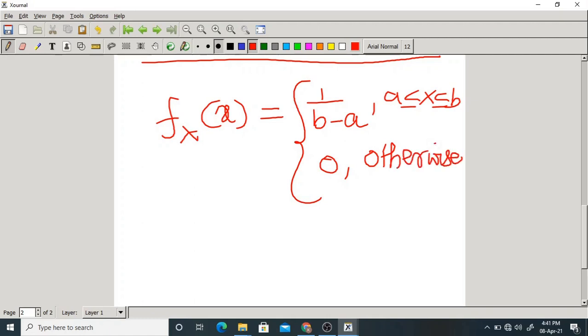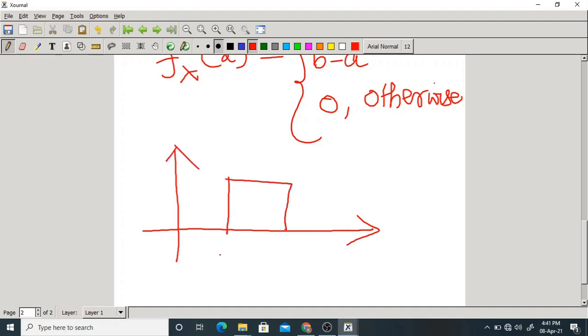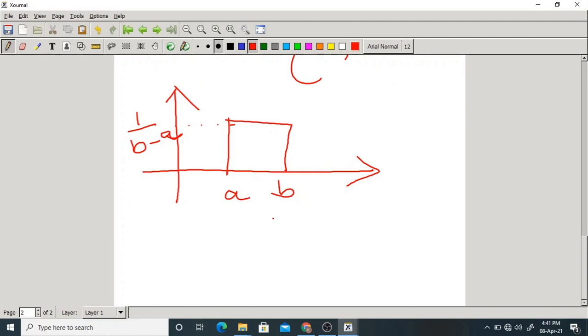So the graph, no need to draw it again. Anyway, let me draw this here. This is the PDF of a uniform random variable. So it is something like this, A to B. What is this value? 1 over B minus A. Okay. Now we have to find the CDF from this PDF.